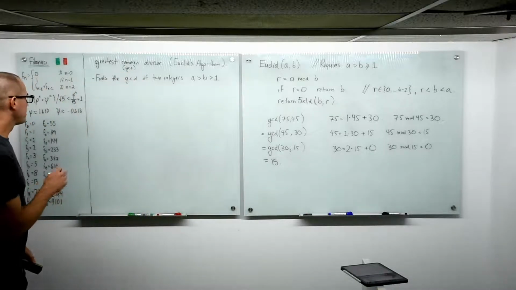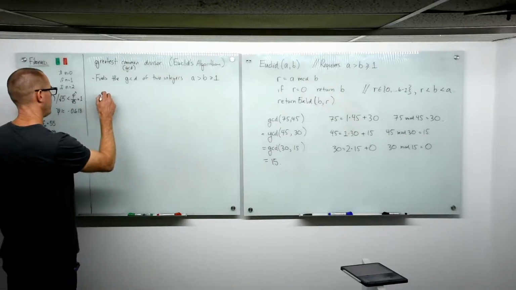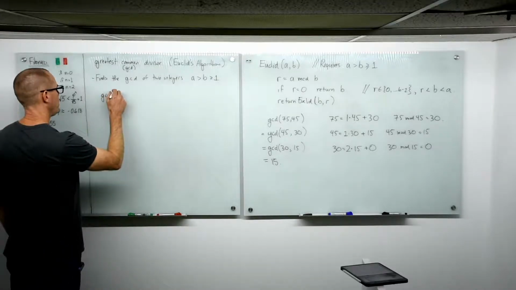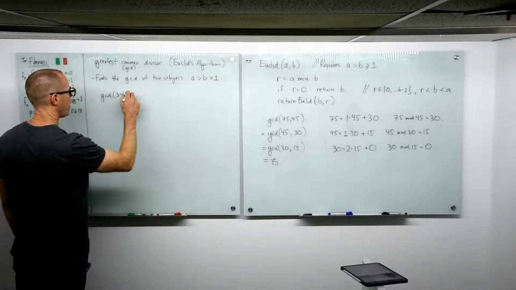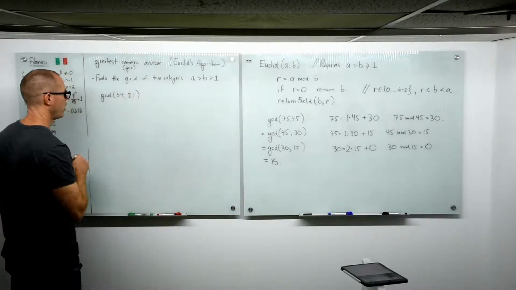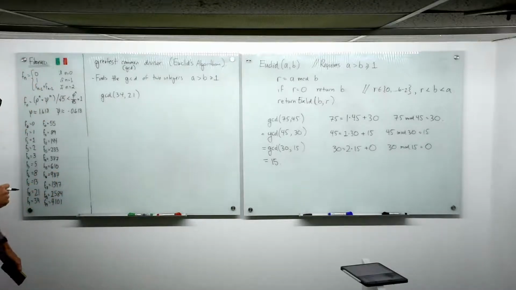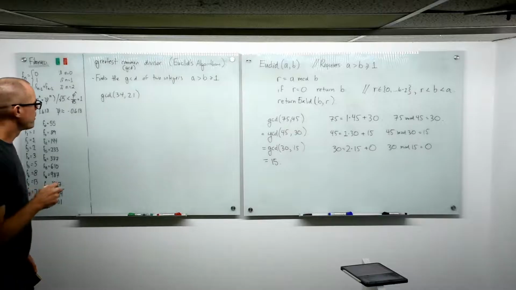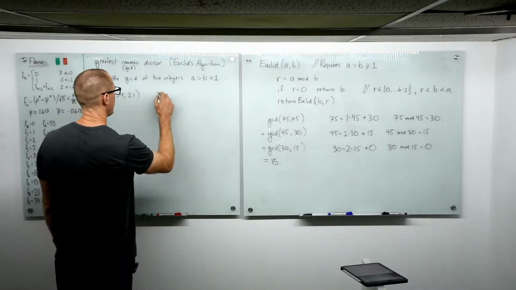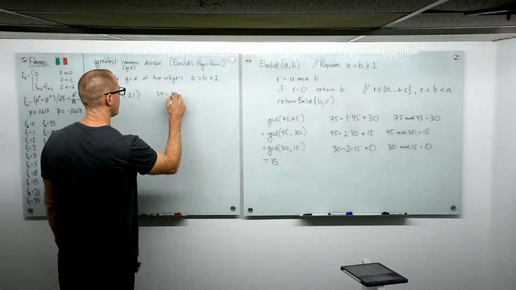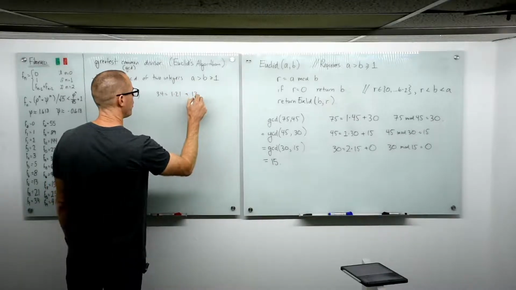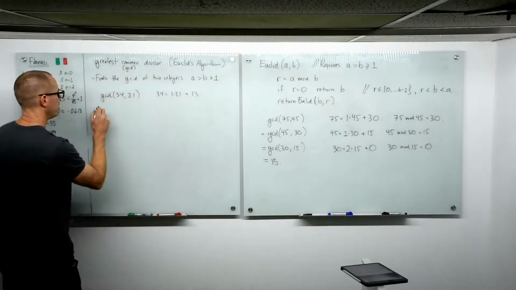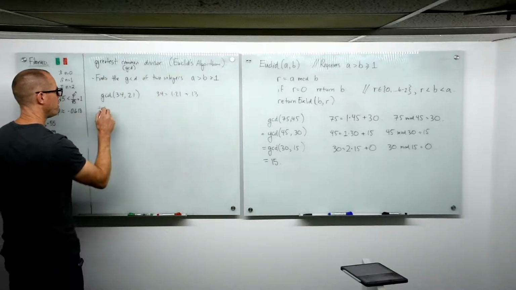So if I do, let's say, GCD of 34 and let's pick a random number, 21. All right, so here we get 34 is equal to 1 times 21 plus 13. So the remainder is 13.